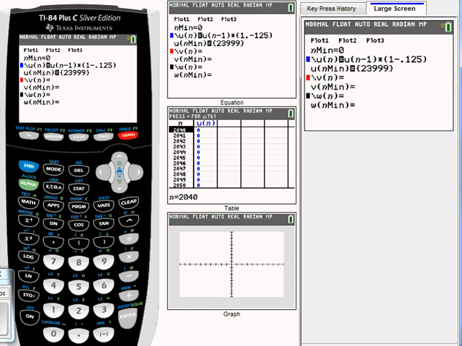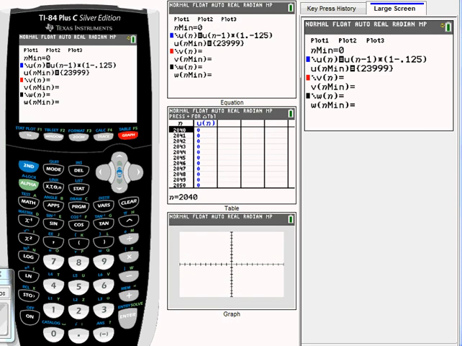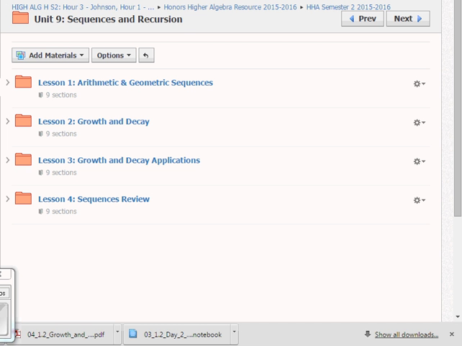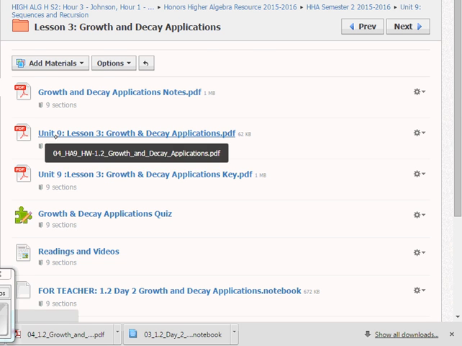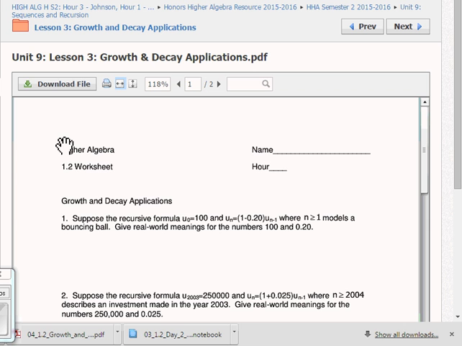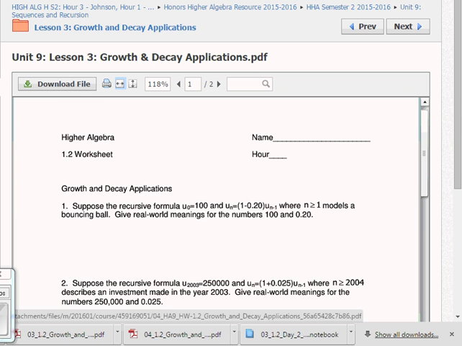We have just a couple of minutes left here, so let's quick open up the homework that's going to be for tonight. So jump into Schoology and let's pull that open. Growth and decay applications, should be 9.3 growth and decay applications. So here's what we're going to do. I'm going to let you know which ones we're going to do.